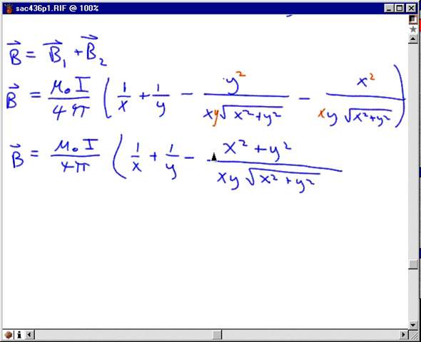Of course, this top part I can express as the square root of it squared, which makes it so that I got square root of x squared plus y squared on the bottom, and then the same thing upstairs squared, so I'll cancel out one of those.